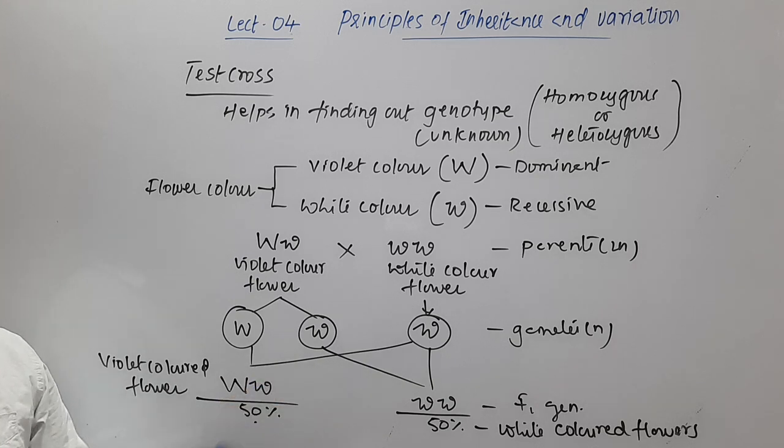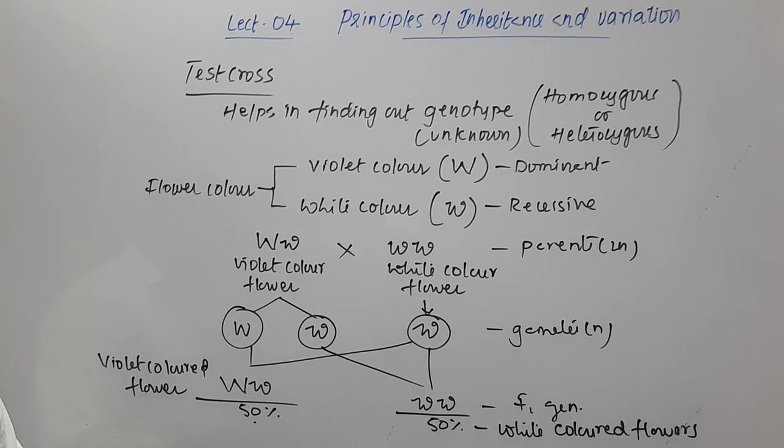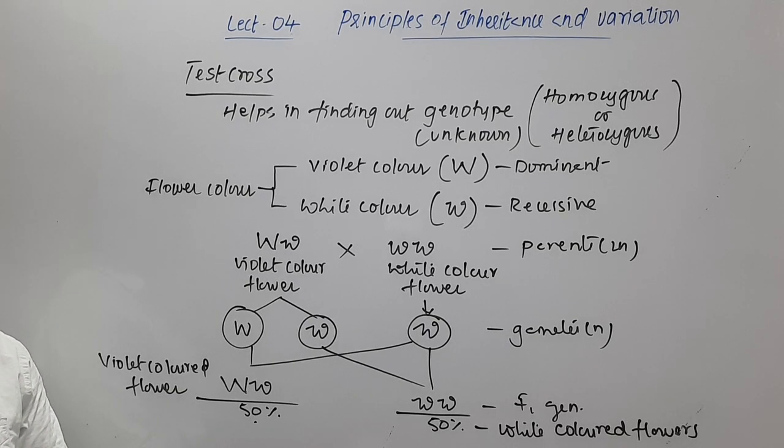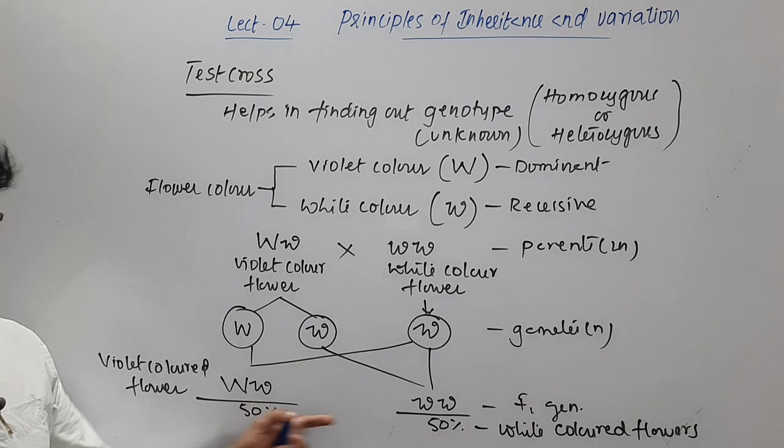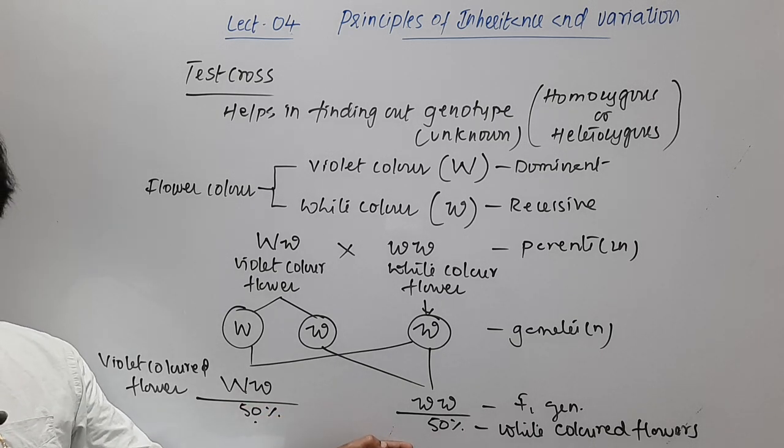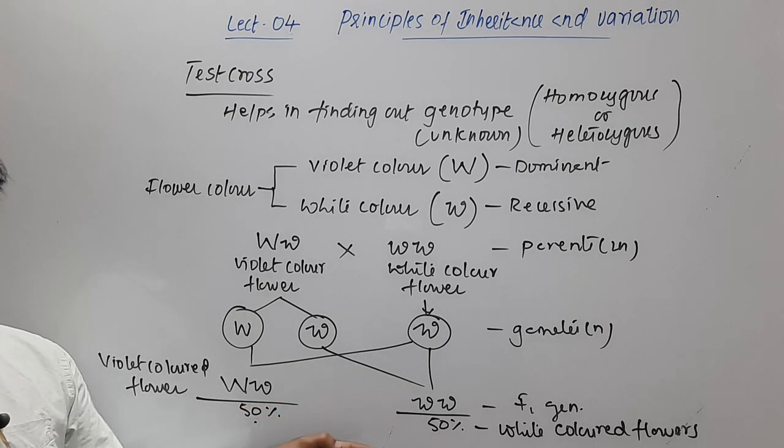In the earlier case I obtained all violet colored flowers, so that indicated the unknown genotype is homozygous. Now when we obtain this, violet and white colored flowers, it indicates that the unknown genotype is heterozygous.